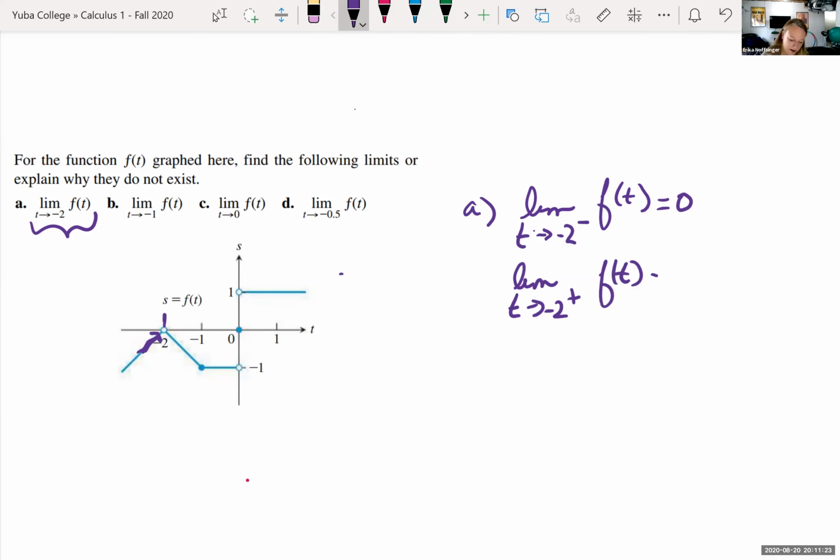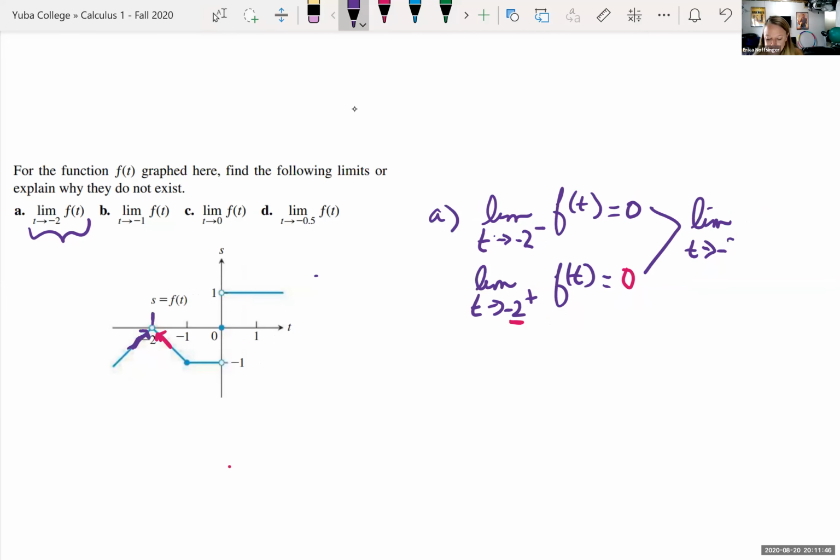But as we come in on the right-hand side, notice you're also getting closer and closer to a y value of 0. And in order for that limit to exist, they both had to go to the same value, even though that point is actually not a point on the graph. The limit as t approaches -2 of f of t is equal to 0.